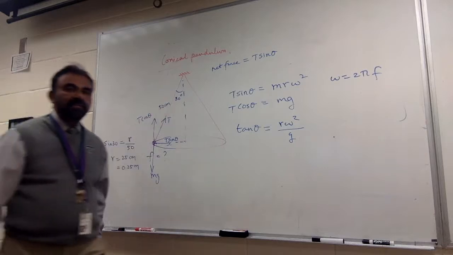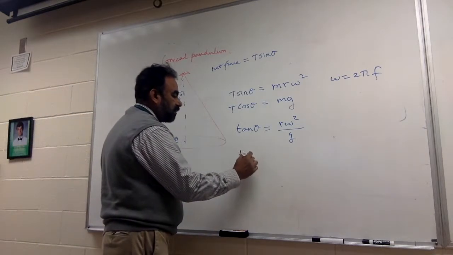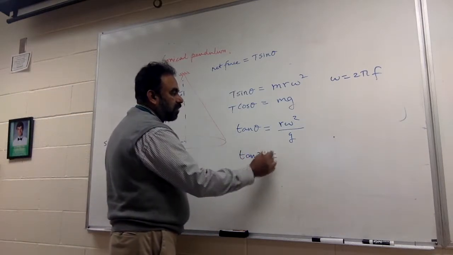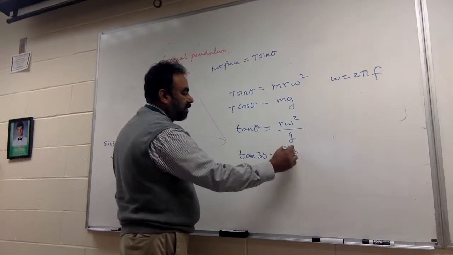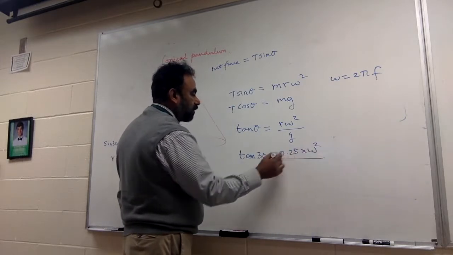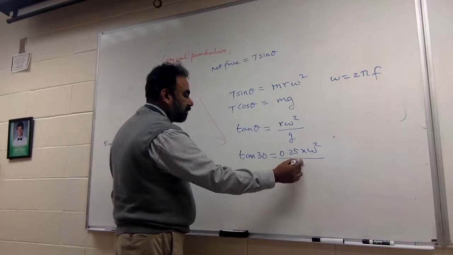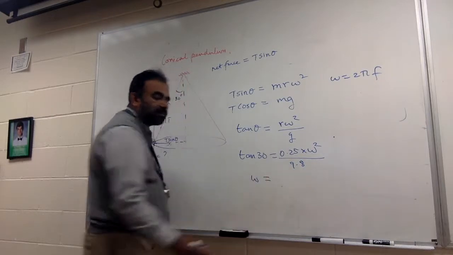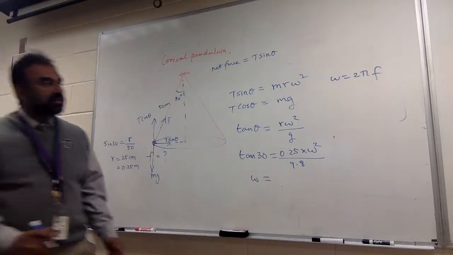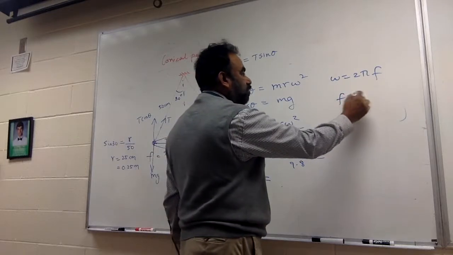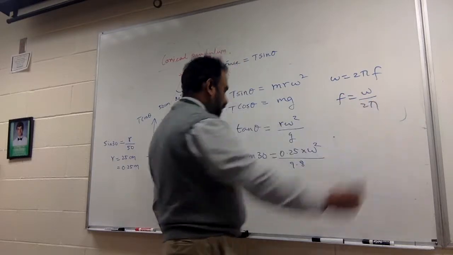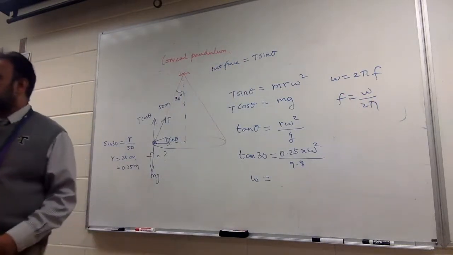You have the angle 30. So tan of 30 is equal to r, which is 0.25, times omega squared over 9.8. That will tell you how much is omega. And once you get omega, frequency is omega divided by 2 pi. Can you do that? Find out omega first.